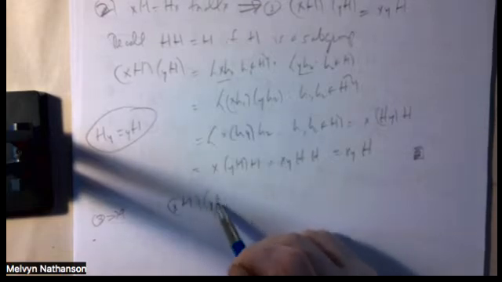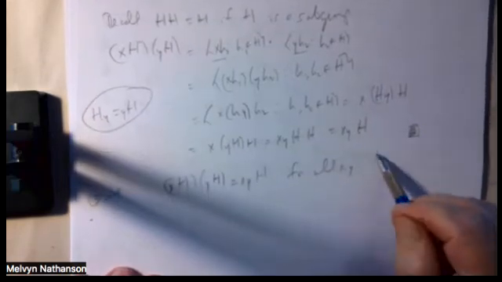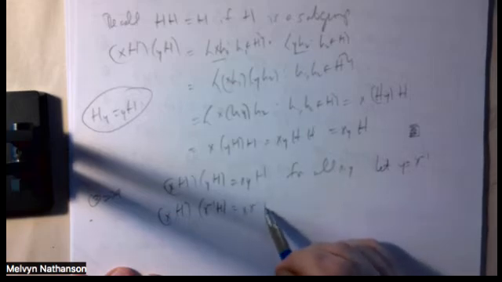So now I want to show 3 implies 4. I just showed that xH times yH is xy times H for all x and y. So suppose I let y equal x inverse. Then I get xH times x inverse H is x x inverse H, which is H, because x x inverse is the identity.